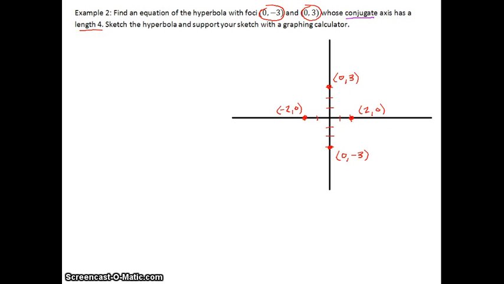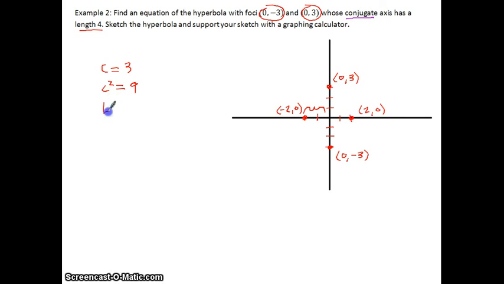Okay, so our focus points are at 0, 3, 0, -3. That means that this length here, c, is equal to 3, which means that c squared is equal to 9. And the b is the distance from the center out to an endpoint here.